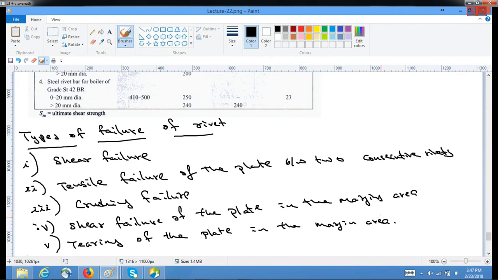So what we'll do in the next class is we will try to define the strength of the different failure processes, and then we will introduce an efficiency for the joint parameter, and based on that we will solve a couple of examples for different patterns of joint structure, and later, if time permits, we will also try to solve for the eccentric loaded riveted joint and longitudinal butt joint for a boiler shell which is under curvilinear form.